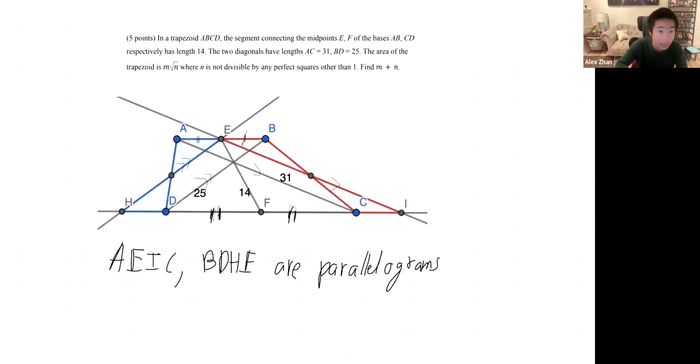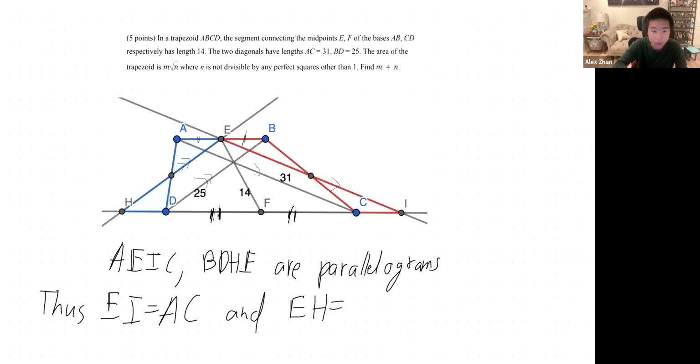So EI is equal to AC, and we also have that EH is equal to BD. This was 25 and EI equals AC equals 31.